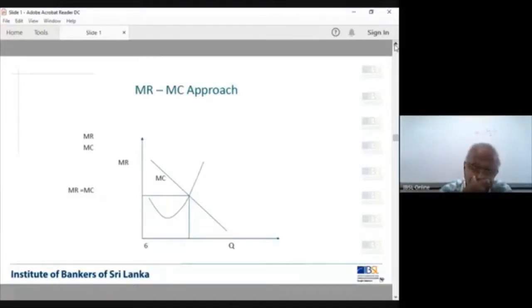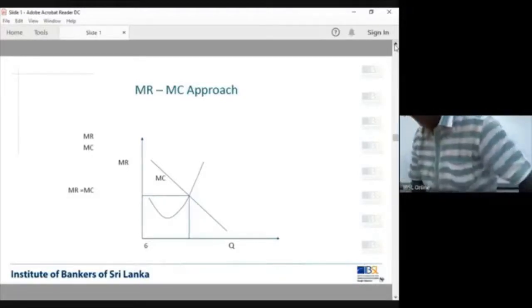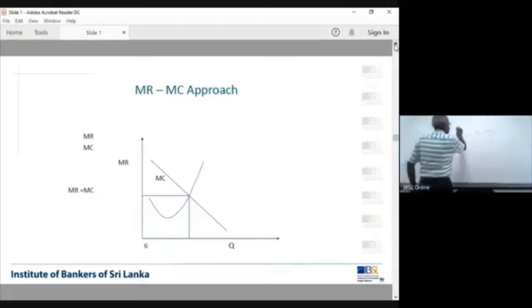They should have checked this when I sent them the proper PowerPoint presentation, but they have not. At this point, MR equals MC. The MR curve is downward sloping, the MC curve is U-shaped. I will draw that.